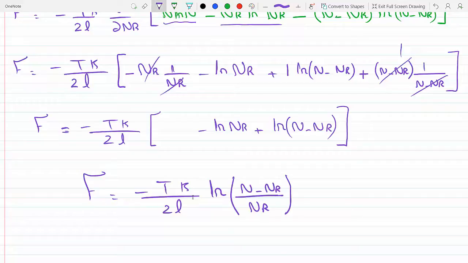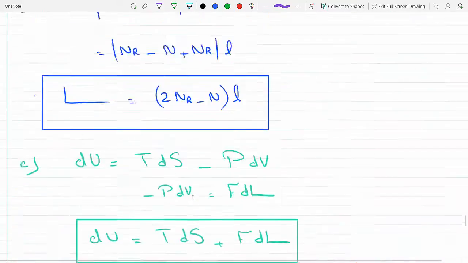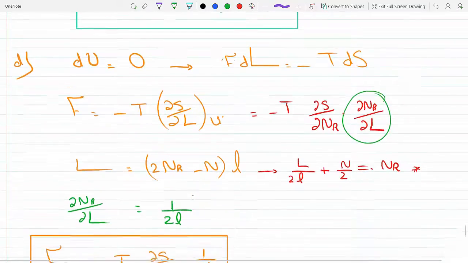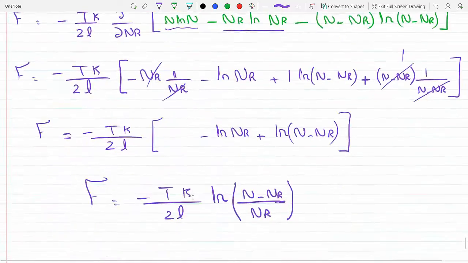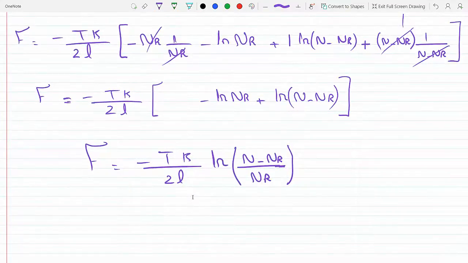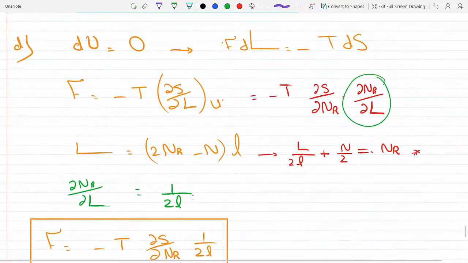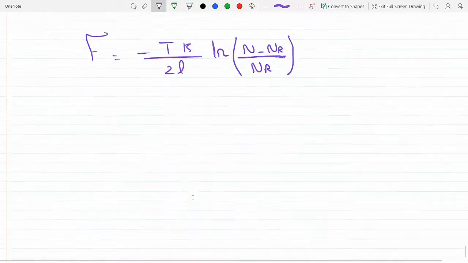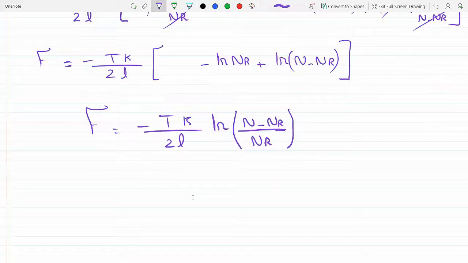Now I did get the derivative, I did get an expression of F. However, the question I think asks to only have L, T, N and L, so I need to eliminate NR from my expression, and that I will find from, I already did actually, it's here. NR is L over 2L plus N over 2, so I will take this and plug it in for NR. Actually, let me simplify this here a bit.